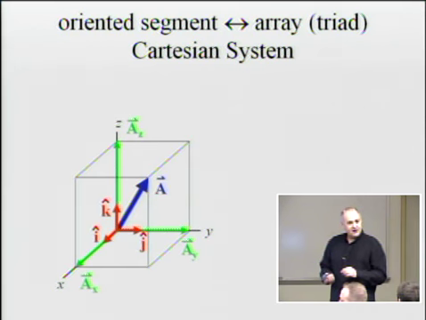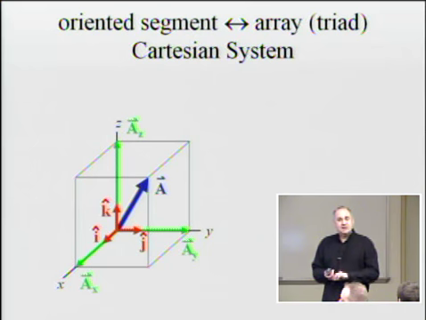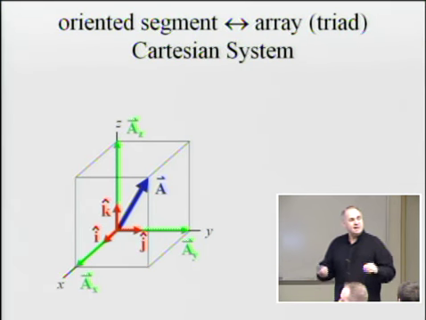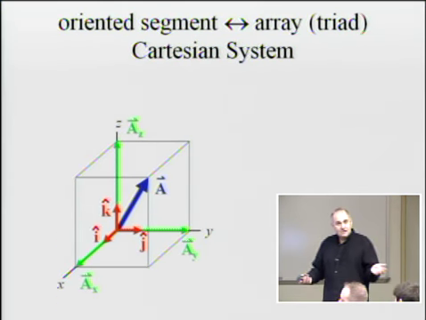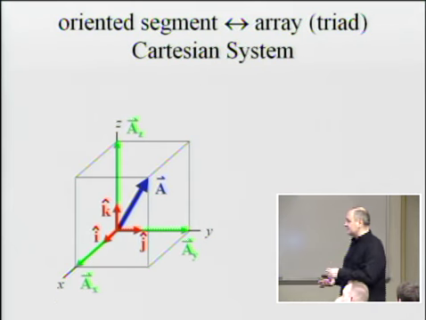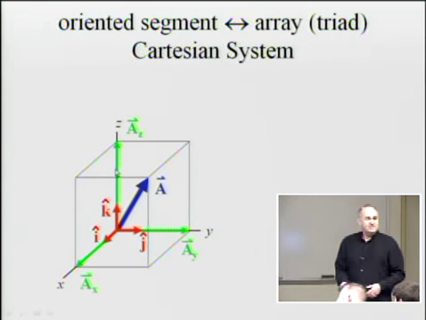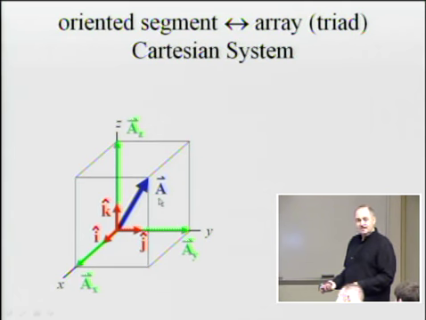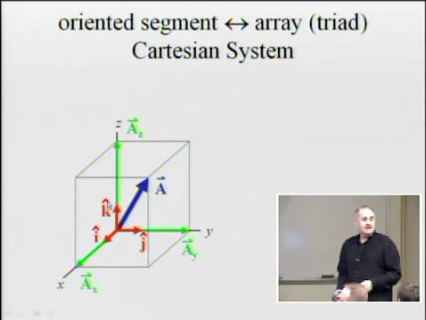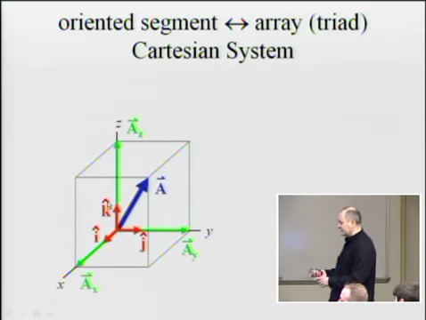Scalar component of vector A, and the product of AX and vector I will be the what? The vector component of vector A, correct. So actually this arrow and this arrow are the vector components of vector A. Now the numbers by which I have to multiply I, j, and k are the scalar components of this vector.